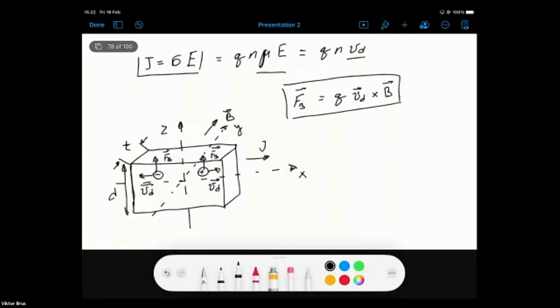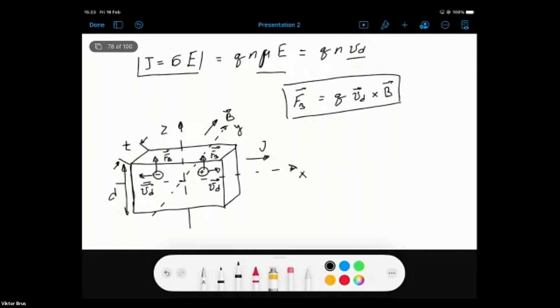And now let us consider the case of a metal. In metals, we have only free electrons, which can participate in charge transport. That's why only negative charge carriers can conduct, moving through these materials.